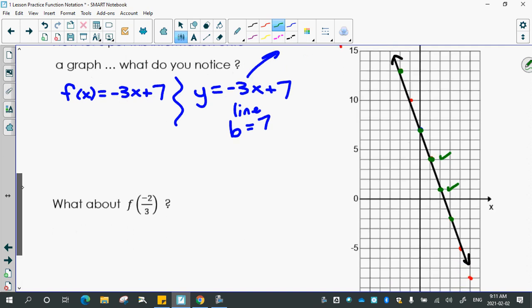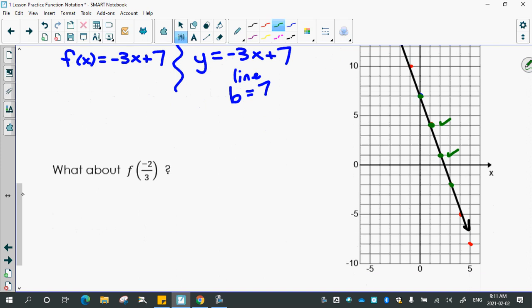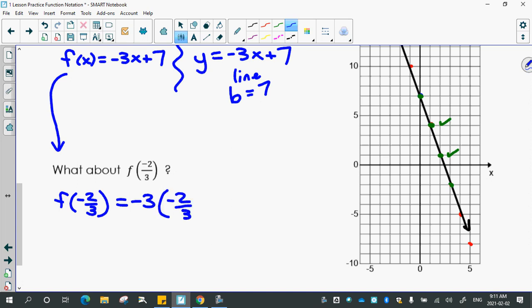Says what about f at negative 2/3? We're still going to do the exact same thing we did up at the top. So we're still using this function notation. So we replace x with negative 2/3. And then we have to remember how to multiply a whole number by a fraction.